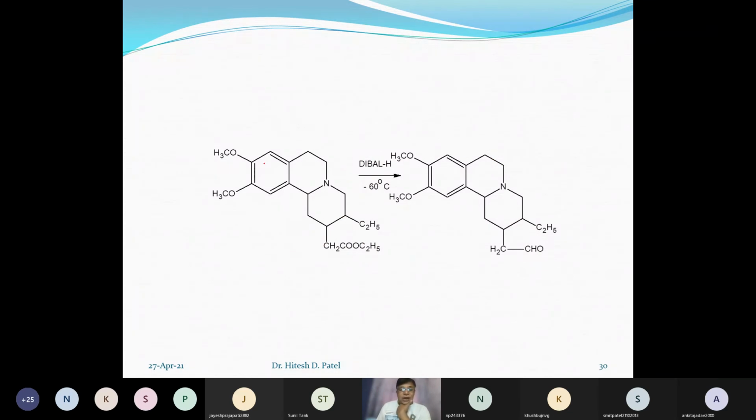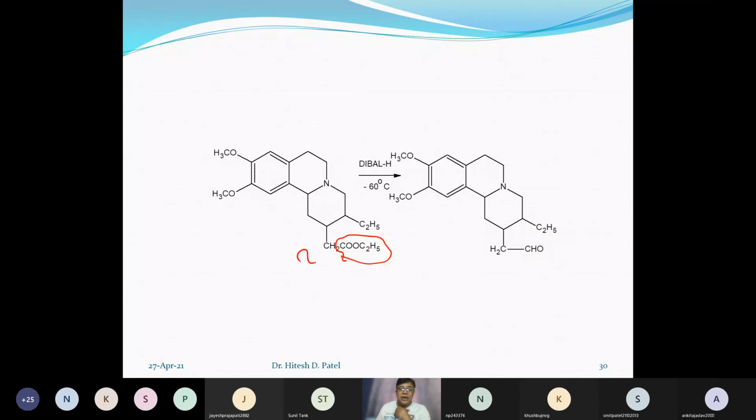Now, if you are having a complicated structure, then what happens? Previously, one student asked that if we are having a rigid structure, can we carry out the reaction? Yes, it's possible. The reason is the reagent will attack on this part only.